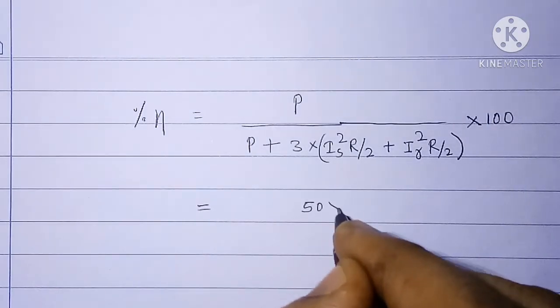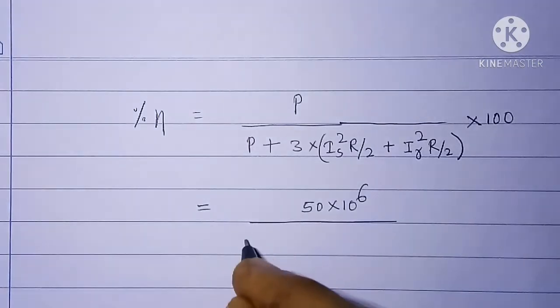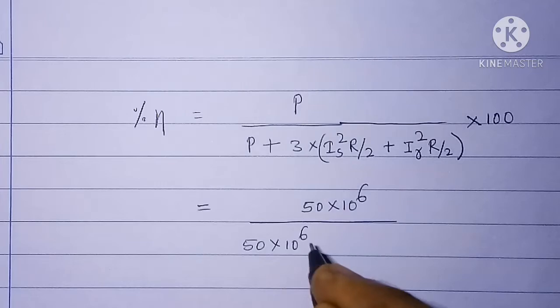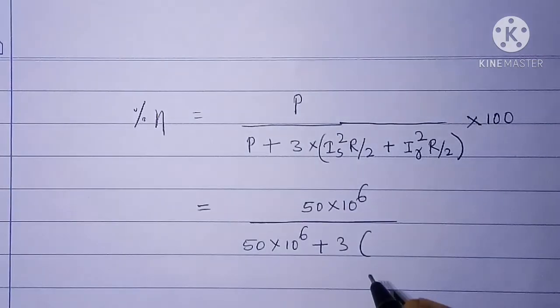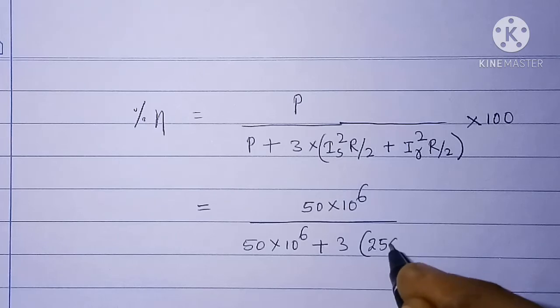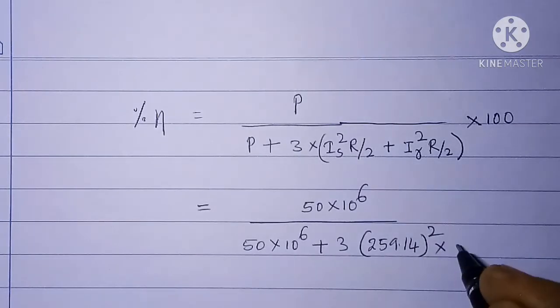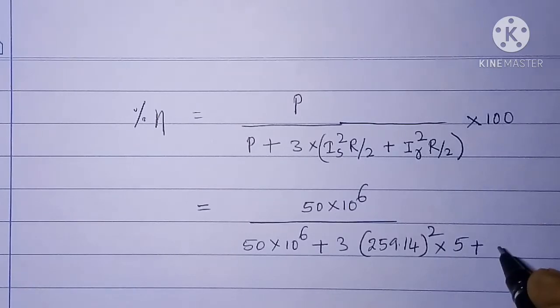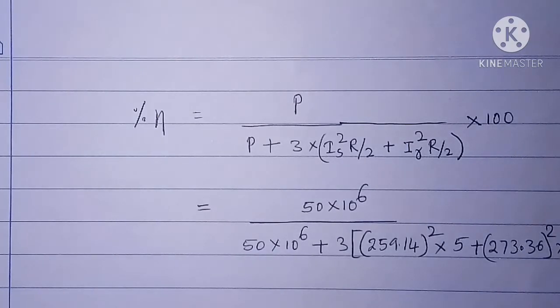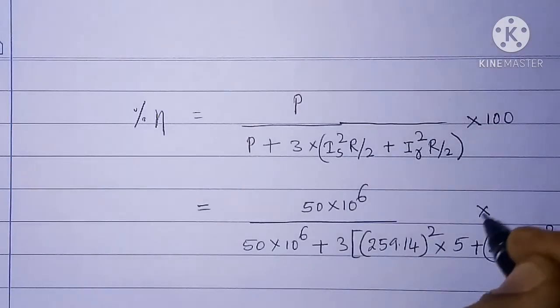P is 50 megawatt, that is 50 into 10 to the power 6 divided by 50 into 10 to the power 6 plus 3 into IS square, 259.14 whole square into 5 plus, this I will take in bracket, IR is 273.36 whole square into 5, into 100.